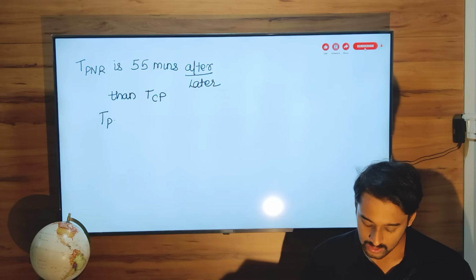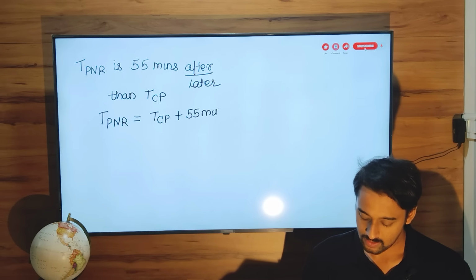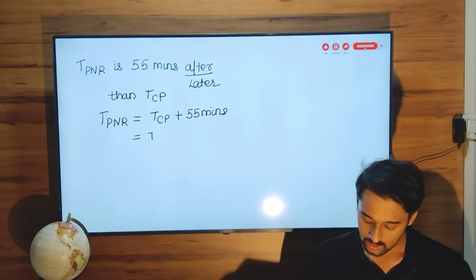So time to PNR is equal to time to critical point plus 55 minutes, that is 0 hour 55 minutes.